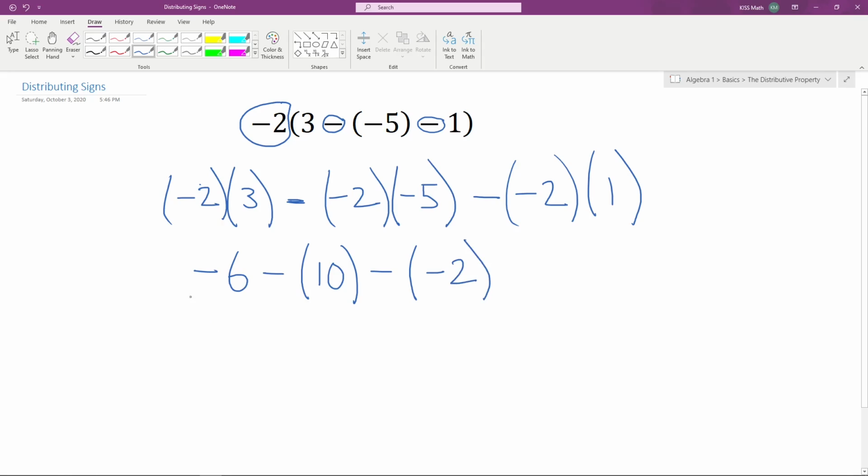So then we have negative 6 minus 10, so that's negative 16, minus a negative 2, and two minuses make a plus here. So we'll have negative 16 plus 2, which is a negative 14.